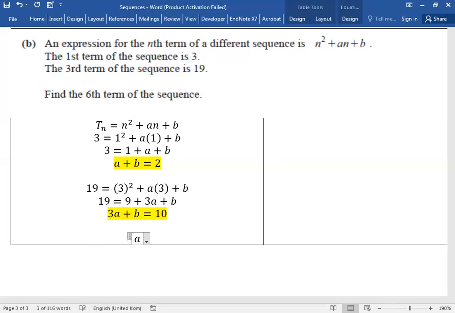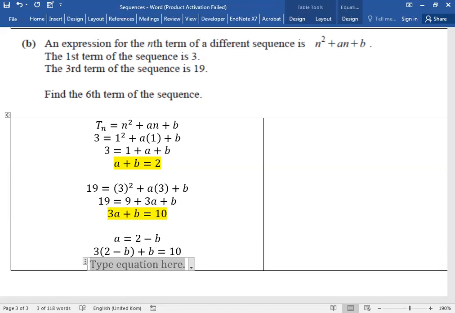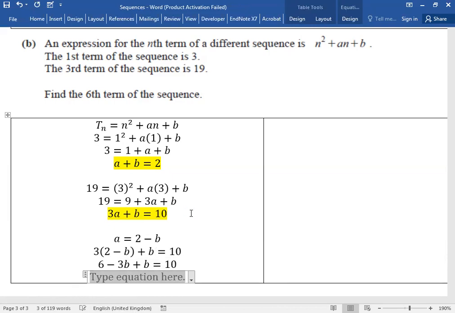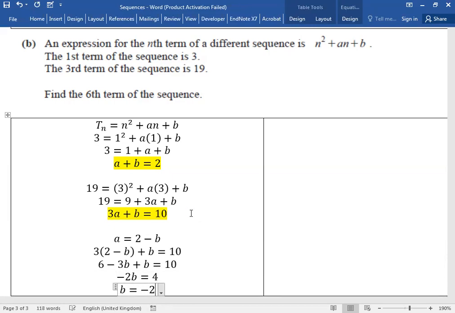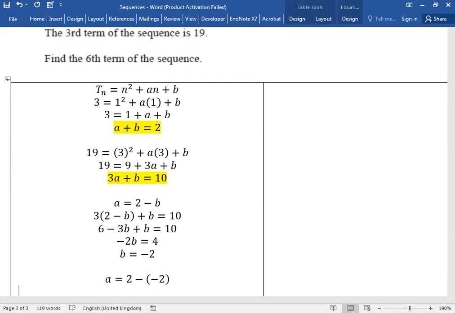You can also do substitution. a equals 2 minus b from the first equation. In the second equation, we just plug in 2 minus b for a. So that is 6 minus 3b plus b is 10. So minus 2b is 4, b is negative 2, and a is 2 minus minus 2, so a is 4.